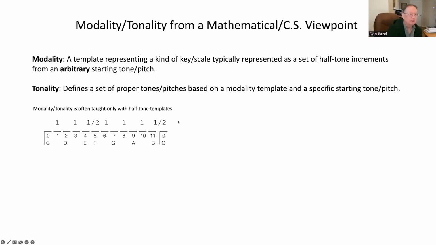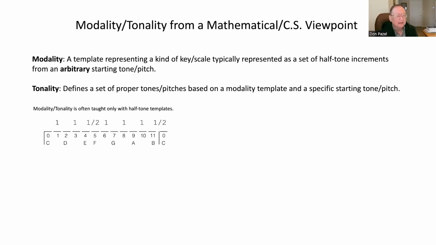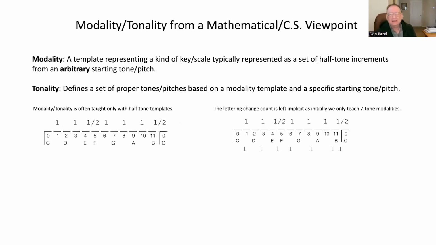I'm sure every music student you ever met says, oh, it's 1, 1, a half, 1, 1, 1, a half, and that's what it is. When I looked closer, I said, they forgot something. They forgot the fact that the letter changes were going up by 1 every time. Oh, that gives you 7 tones. That's good. They say, well, okay, it's easy to overlook that.